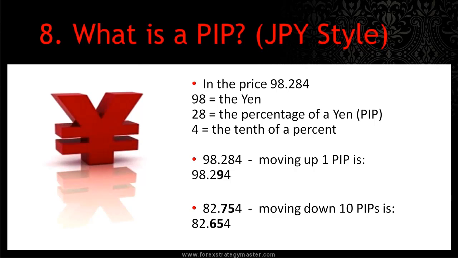Now, if the quote 98.284 moves up 1 pip, it will be 98.294. If the quote we've got here, 82.754, moves down 10 pips, we have 82.654.